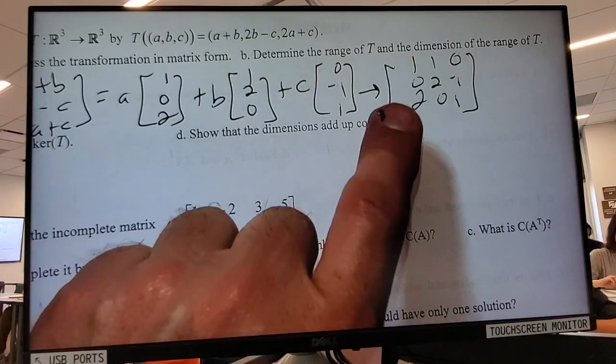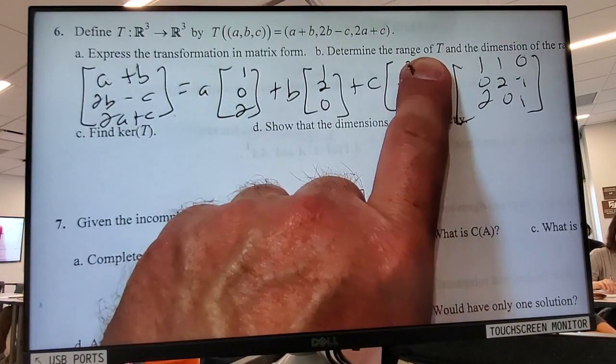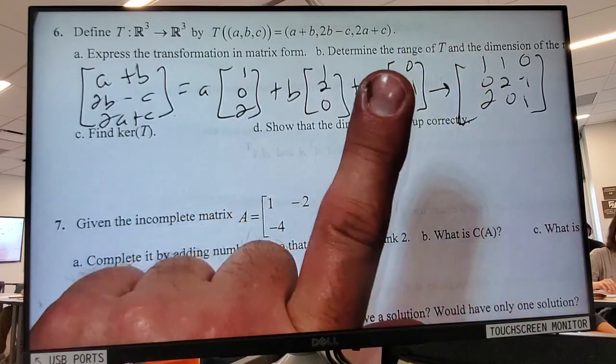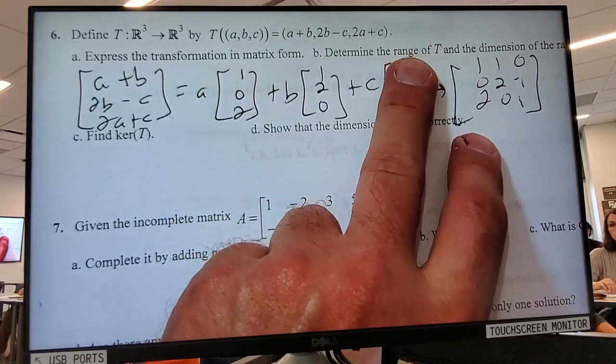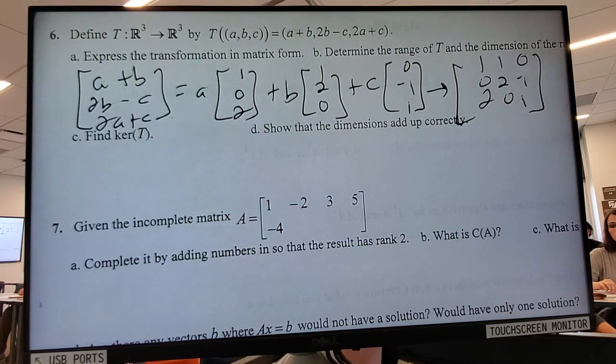In much the same way that we have function speak and matrix speak mixed together here, because I have a transformation that is inherently functional that's represented by a matrix. So kernel is just what we call all the inputs that lead to 0 outputs.